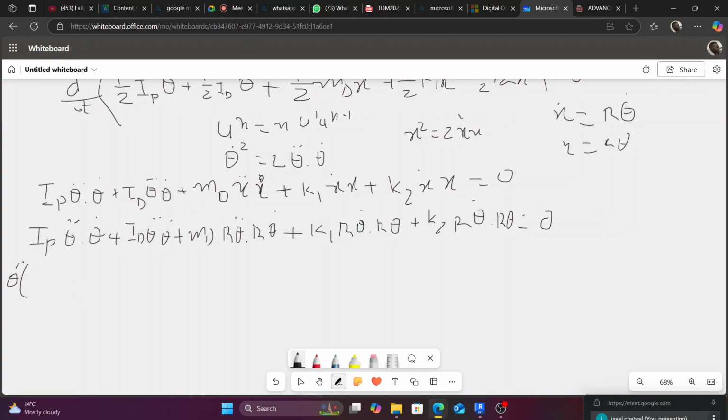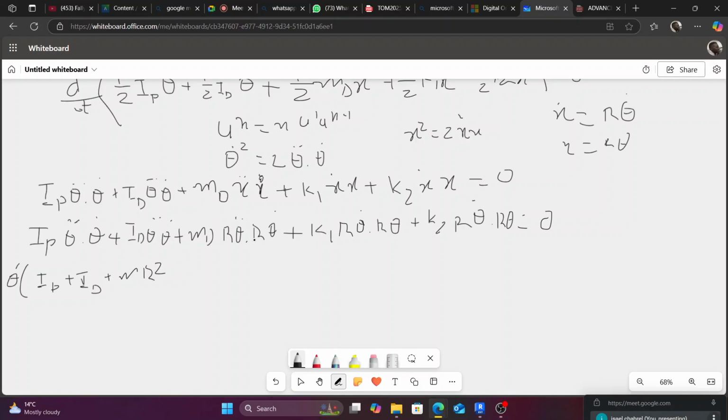Are we fine, right? Now this one here, can I put them together? All the theta double dot. I'll be having I_P plus I_D plus M_P, M. Remember, it's going to be R squared, this R and this R, plus M R squared.